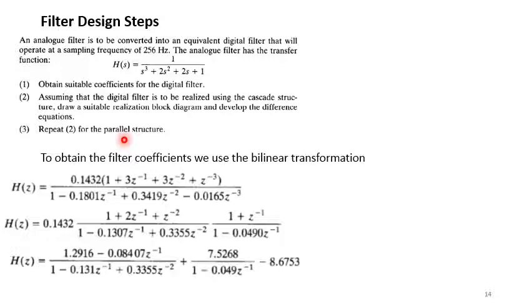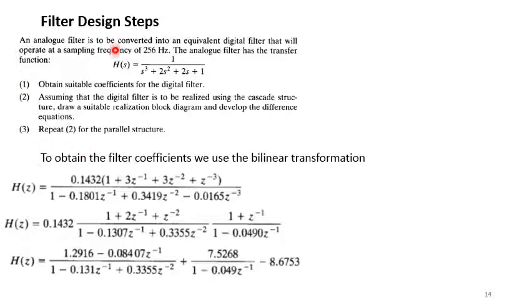In the case of factored form, we can draw the realization block diagram in cascade form. And the third case is when you express the system function as a partial fraction expansion. In that case we can have a parallel form.